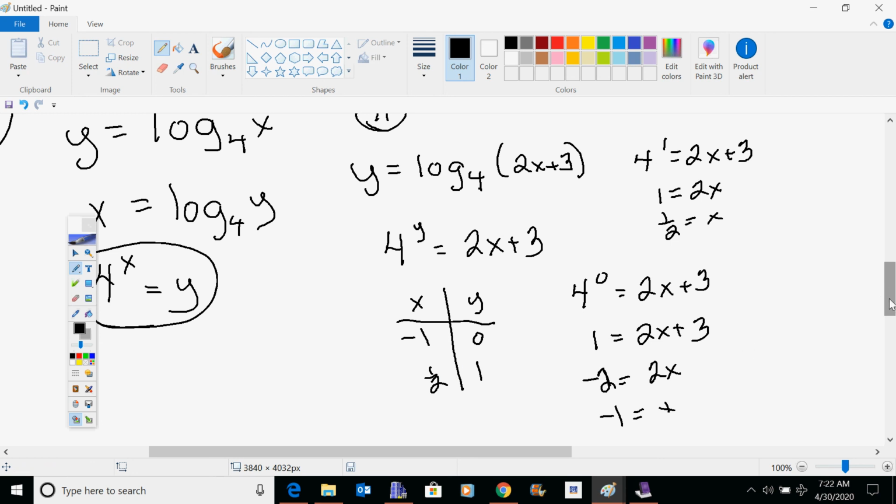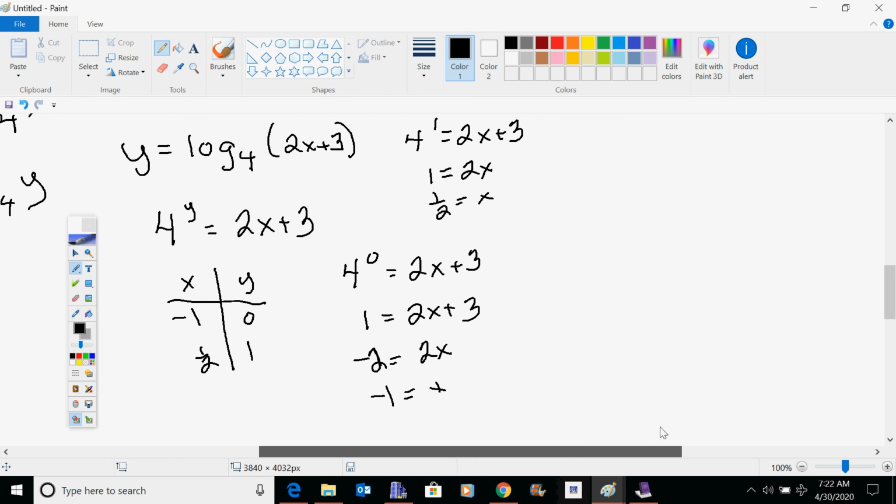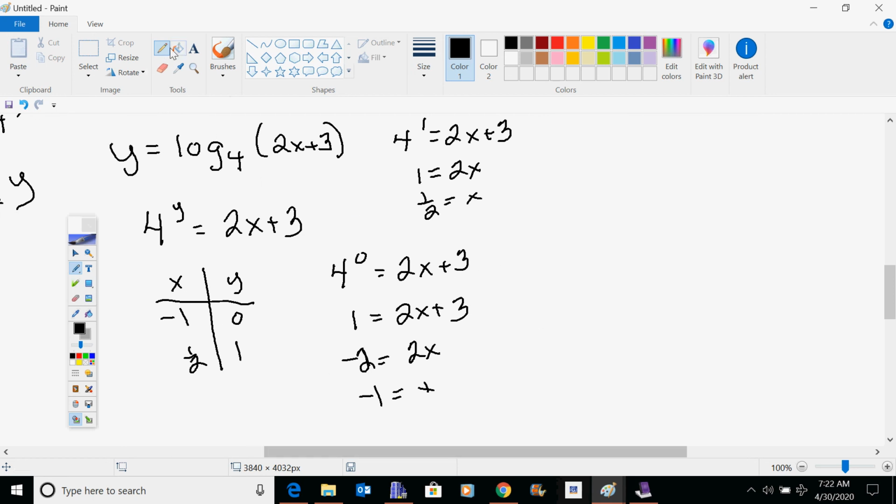Remember, this is the inverse of the exponential function, so we're expecting it to behave like that. So when we graph this, we have negative 1, 0, and 1/2, 1.